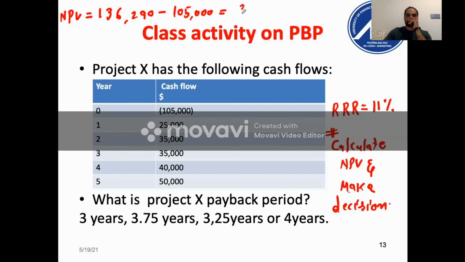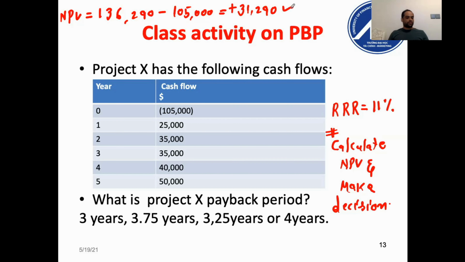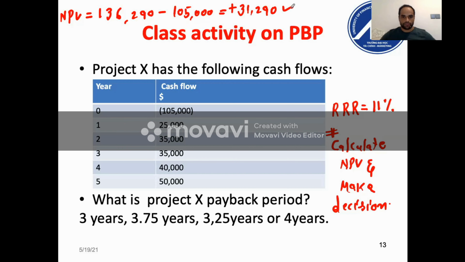So that is 31,290, which is positive. So we will select the project. All right. So this is the way to estimate the net present value.